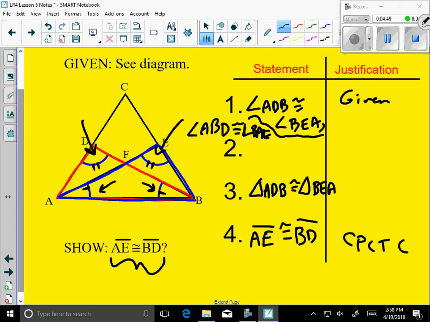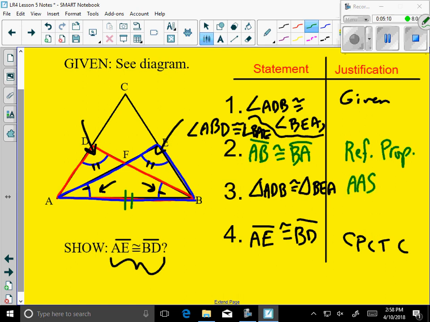Now the connector here that we don't necessarily see is a reflexive property. You have to put that together by looking at the diagram. In this case, that would mean that AB is congruent to BA. And therefore, these triangles are congruent by, again, angle, angle, side.